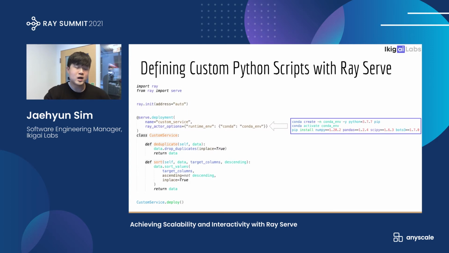How we chose to cope with this was Ray Serve's optional argument where you can pass in the conda environment that you want to use. Here you can see in the ray_actor_options of the deployment decorator, you can specify the name of the conda environment that you want to use for this specific Ray Serve instance.